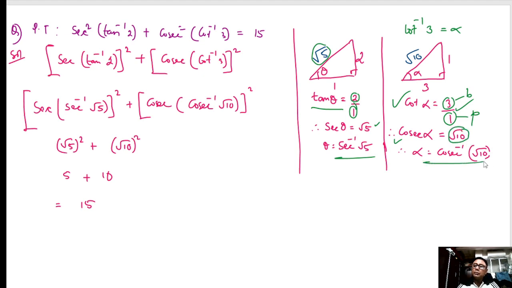So alpha will be cosec inverse root 10. So instead of cot inverse 3, I write cosec inverse root 10, and instead of tan inverse 2, I write sec inverse root 5. Now sec and sec inverse cancel, so root 5 square, and cosec inverse cancels, so root 10 square, which comes to 15. So we have proved it.